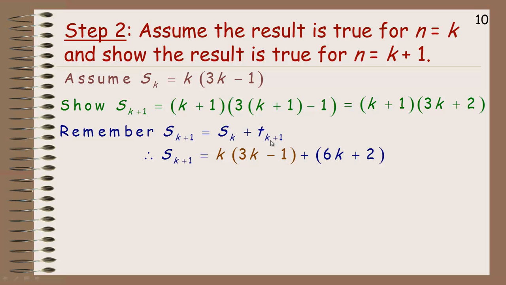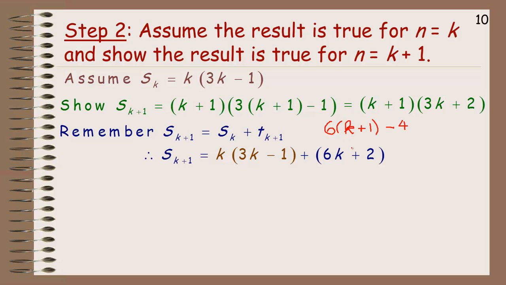So for the k plus first term, we would substitute k plus 1 in place of n. And so it would actually look like this. We would go 6 times the k plus 1, because we're looking at the k plus first term, minus 4.